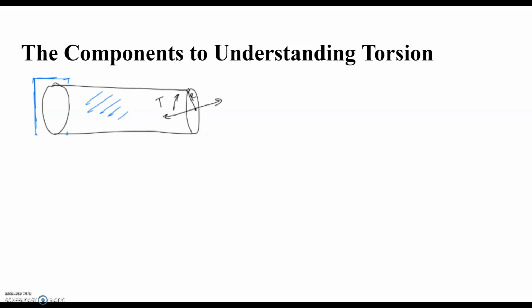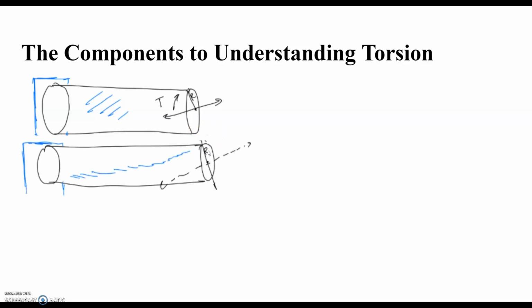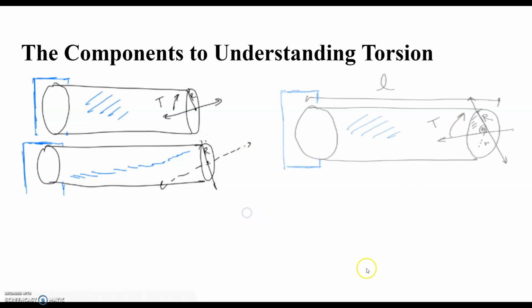Now, if we apply a torque, that's the type of force specifically that is featured in torsion, what's going to happen is that this horizontal plane or line we drew is going to rotate. Now, after this line rotates, it's going to leave behind a plane where it was before. And that angle between the original location and its final location is theta.